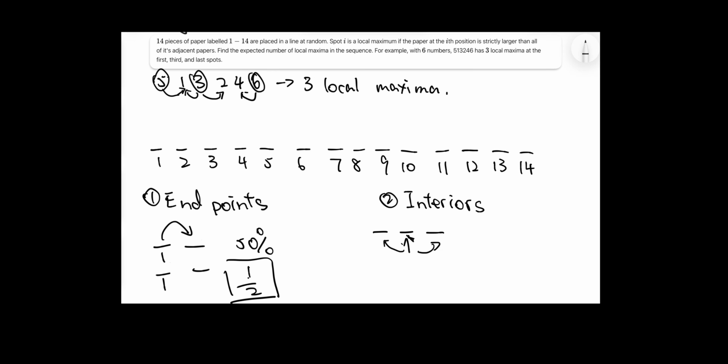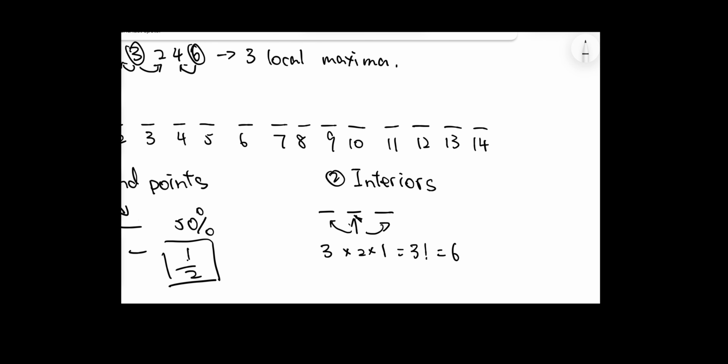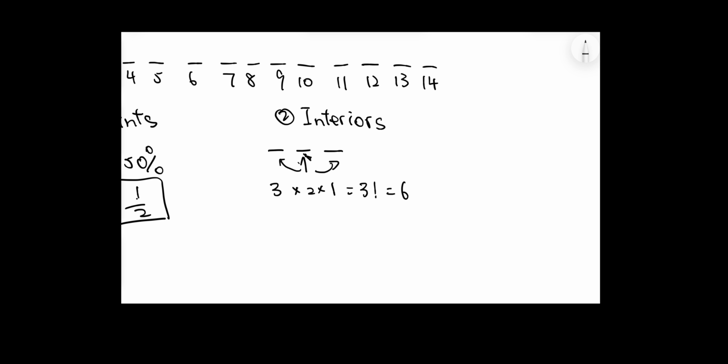The answer would be 3 times 2 times 1, which is 3 factorial, which is 6. So we have 6 total cases where you can arrange three different numbers into three different positions. And out of these 6, we just want to find the cases where the middle number is bigger than its adjacent numbers.